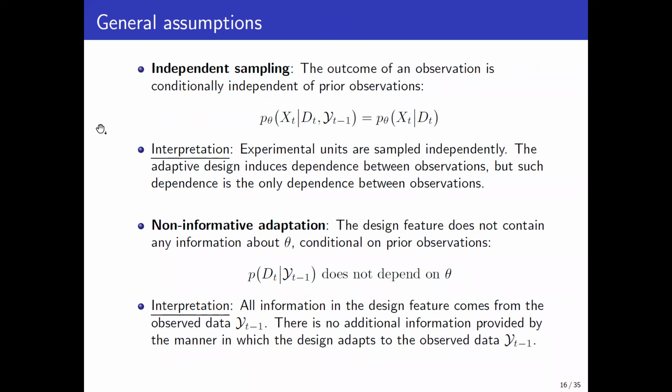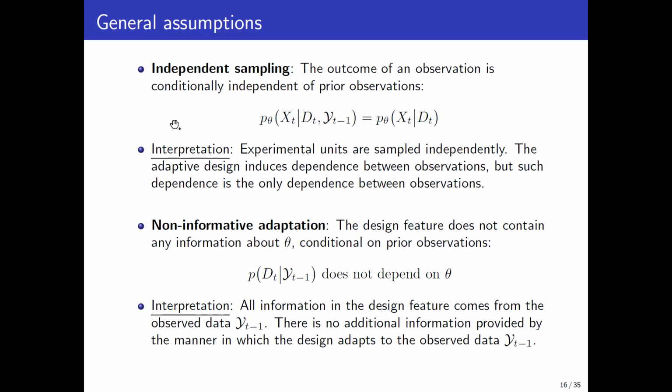All right, so before I get to thinking about how we might estimate the treatment effect, adjusting for the conditional bias and the adaptive design that we talked about earlier, I want to talk about two basic assumptions that we're going to make. The first one is an independent sampling assumption, or in fact a conditional independence, which says that the distribution of the outcome given the design feature and the history of the process does not actually depend on the history of the process. So the outcome is independent of all of the previous observations once I know which design feature was allocated.